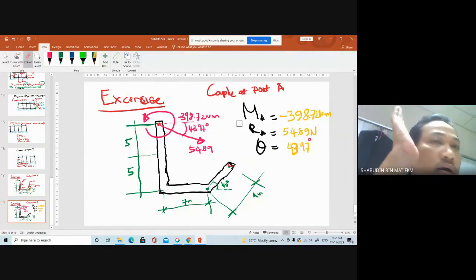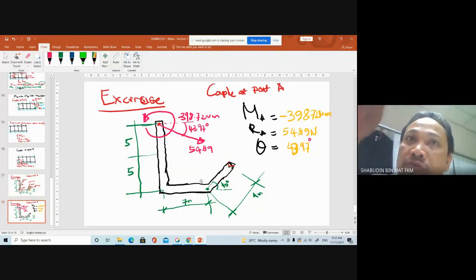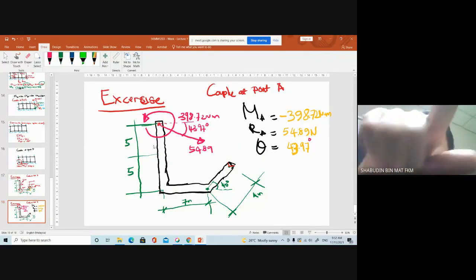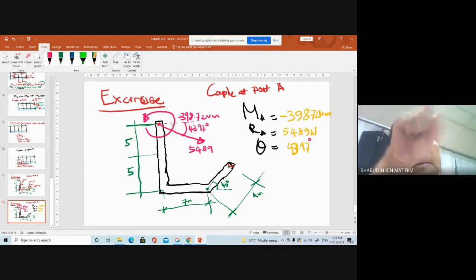When you are given couples like that and you get the moment, you have to redraw, just sketching the object and putting the force, moment and theta in that particular structure.